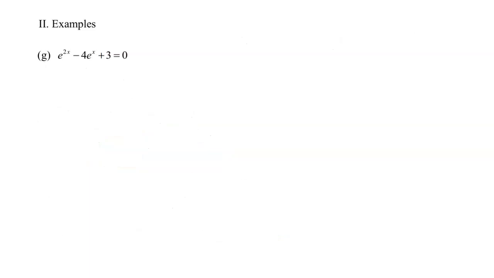Okay, on this last example, before we get to the application problems, this one's a little bit different than the previous questions. This is an exponential equation because I do have variables in the exponents, but this is in what I would call a quadratic form. What I mean by that is this looks very similar to, for example, x squared minus 4x plus 3.